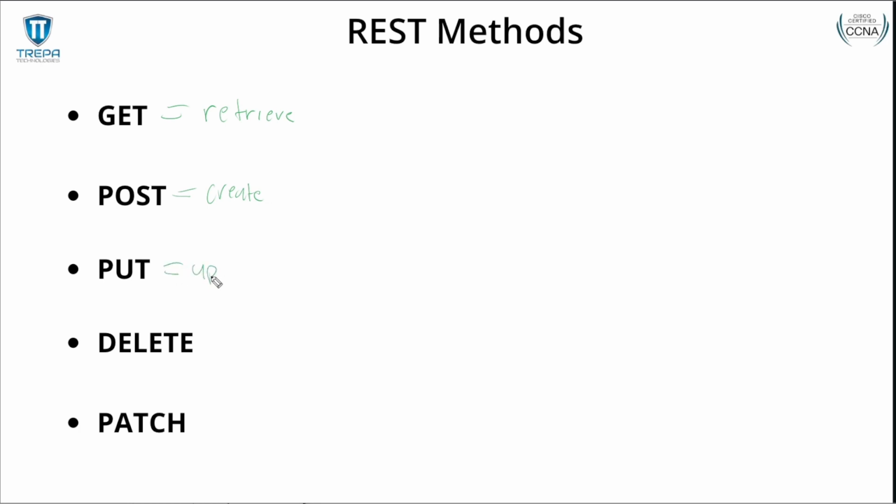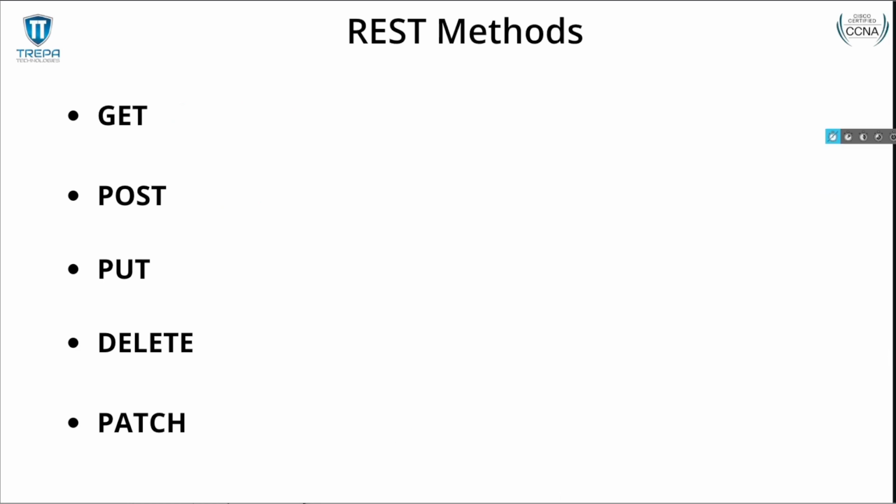Put is an update or change. Delete, guess what that means? Delete. And then of course PATCH is also update and change, but it's more specific. It can get into the nested objects and stuff like that.